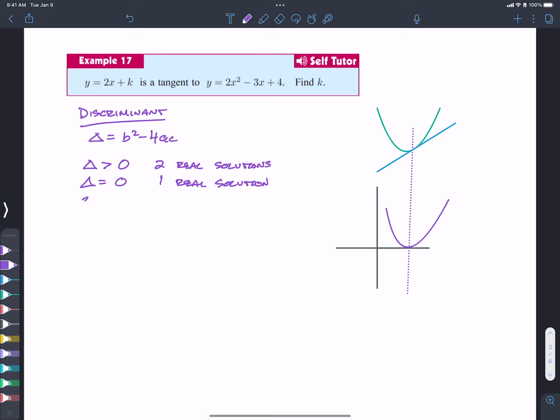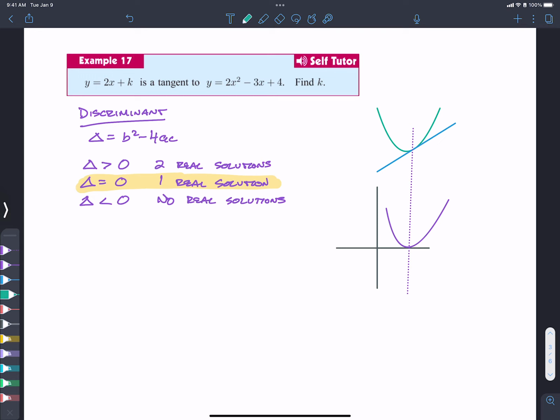And when the discriminant is less than 0, we have no real solutions. So what we're focusing on is the one real solution, where the two graphs are tangent to each other. So I'm going to set these two things equal to each other, and solve for when these things equal 0, and then go from there.